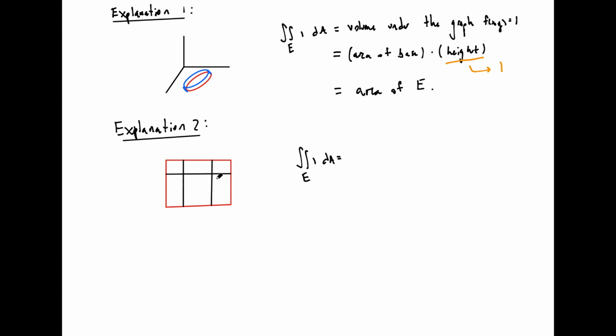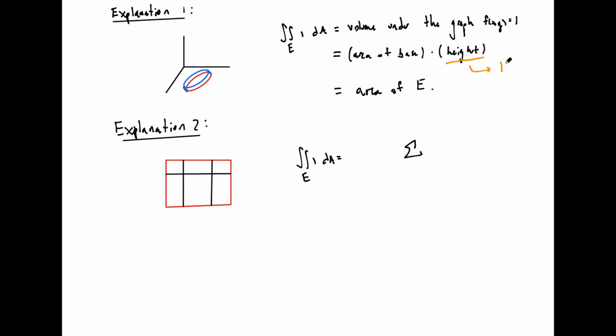For example, we could chop it up into 6 different rectangles like this, and take the sum over those 6 rectangles of the horizontal thickness times the vertical thickness times the value of the function at any sample point.